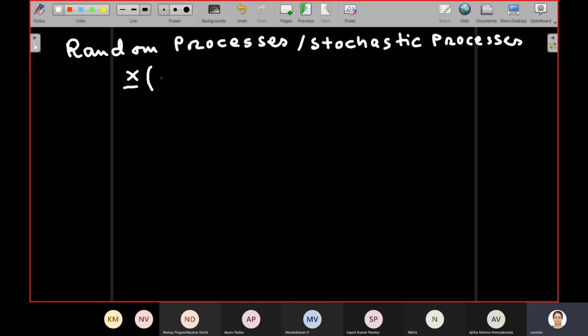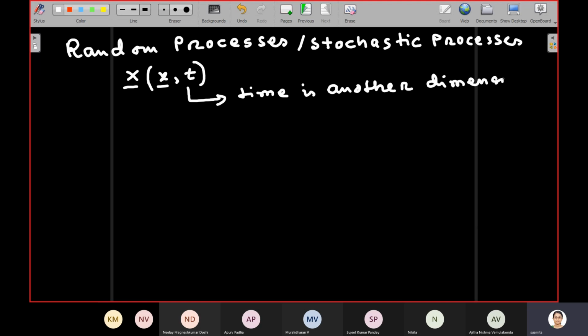Instead, we write x bar and then its domain and then t. So time is another dimension in case of a random process. Now for simplicity of notation, we drop the first argument, we simply write x of t.